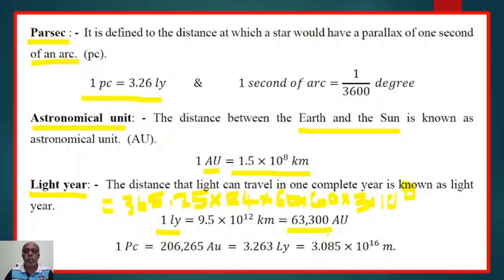It is 63,300 times the distance between Sun and Earth, and that will be equal to 1 light year.